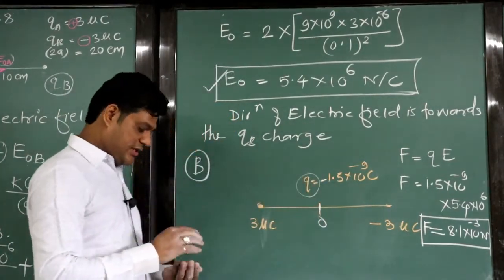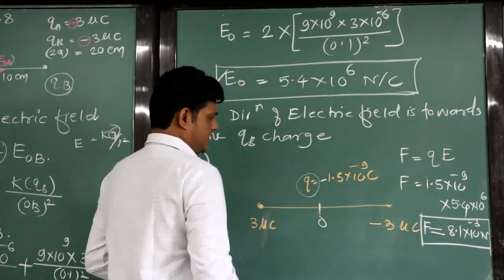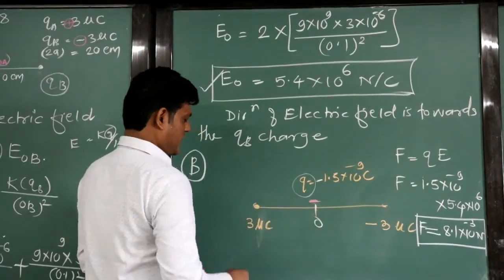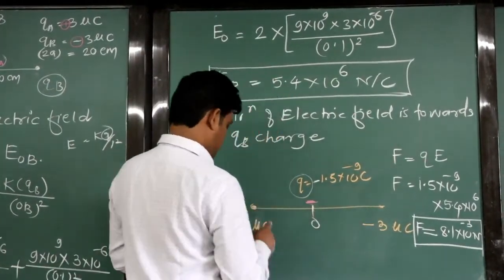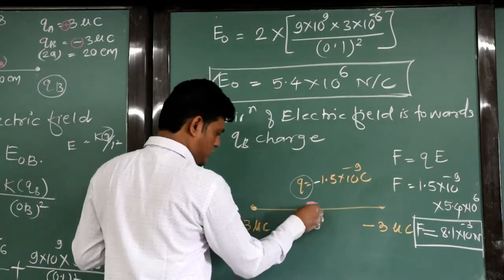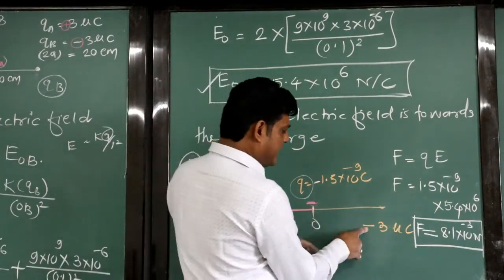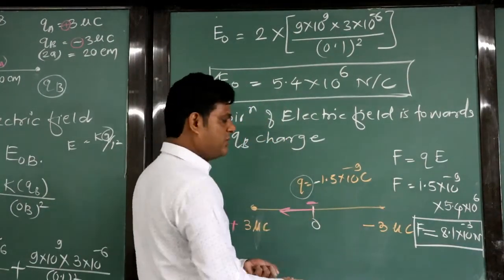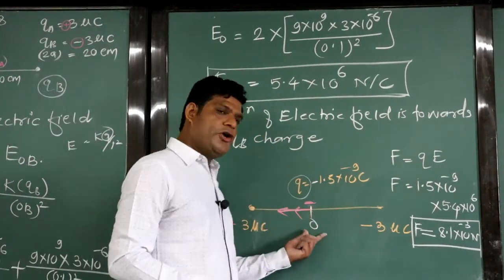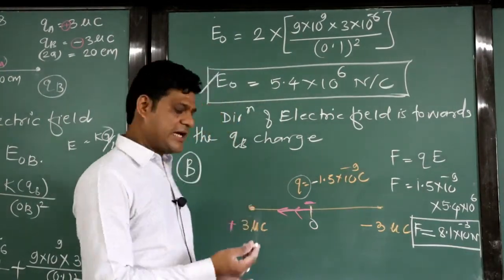Now the question is about direction. See, a minus charge is kept over here and a minus charge over here. It is a plus and it is a minus, so the force due to plus and minus will be attractive. Due to the minus, a repulsive force will be present. So at point O, the direction of force is towards the plus Q charge.